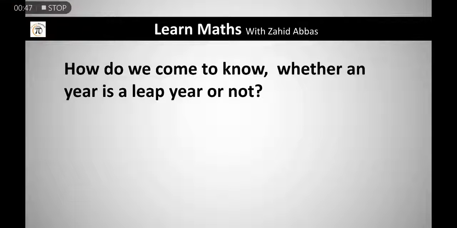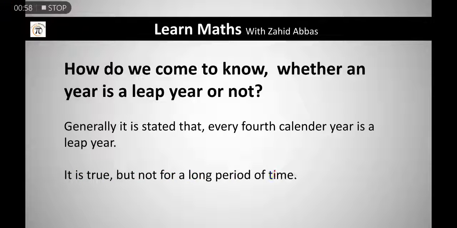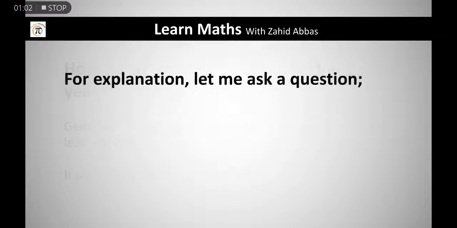How do we come to know whether a year is a leap year or not? Generally, it is stated that every fourth calendar year is a leap year. It is true, but not for a long period of time. For explanation, let me ask a question.